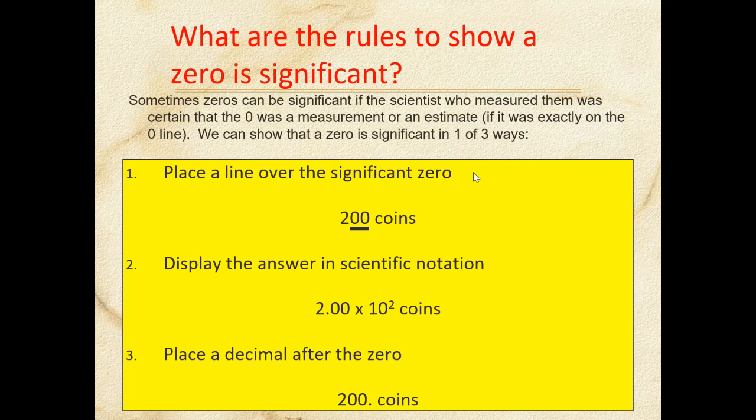Notice we wanted 200 coins. So the way to change that into scientific notation, as we will learn later this week, is it becomes 2.00 times 10 to the 2 coins. Having those two zeros there indicates that those are significant places, and that those are not just placeholder zeros.